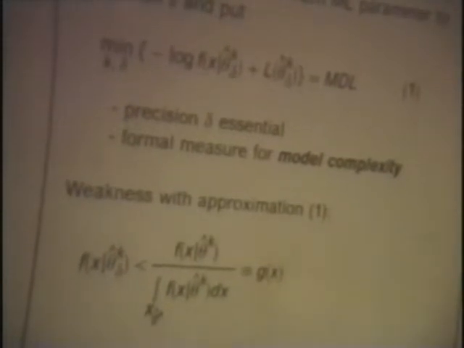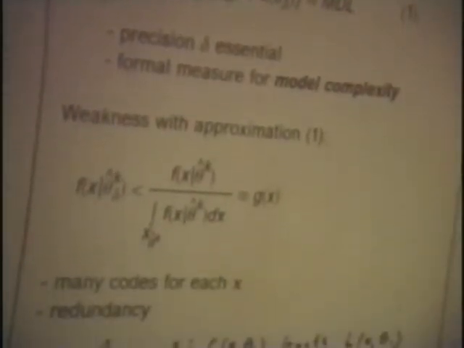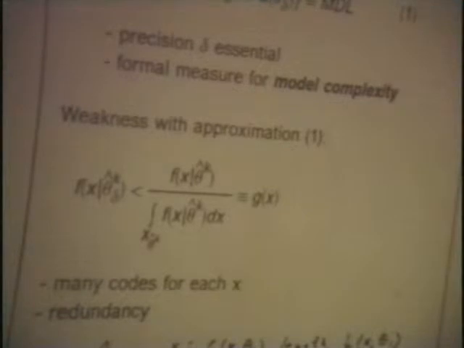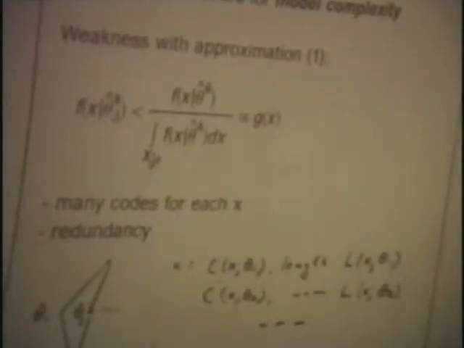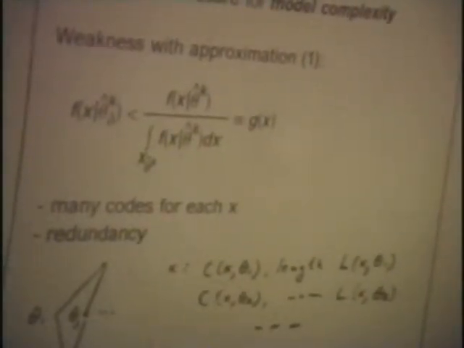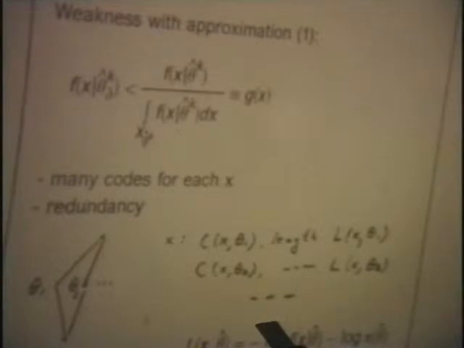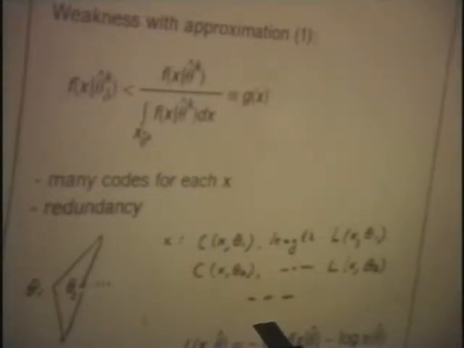They would be just real numbers. Well, I have to encode them, so I can't permit that. I must truncate them. And then comes the question of how I should truncate them. Well, the principle says that you should truncate them so that the total code length becomes the shortest. And that leads automatically to this precision optimization problem, and you get this MDL criterion.